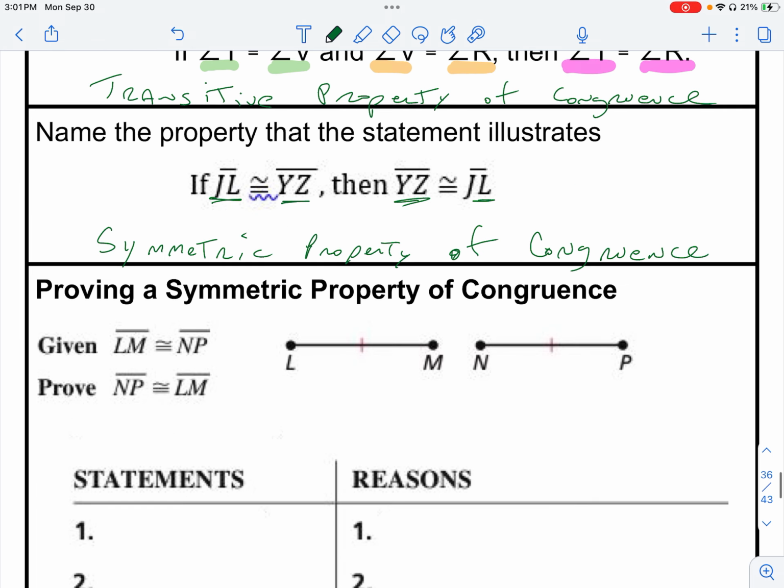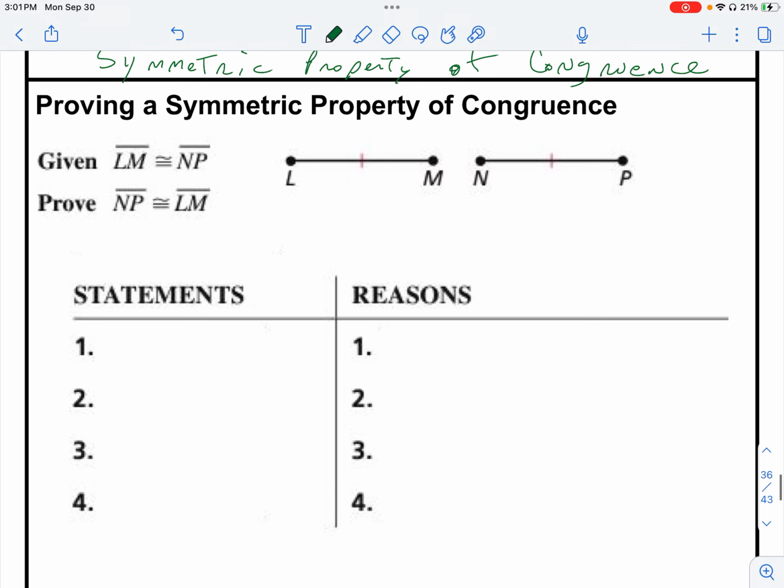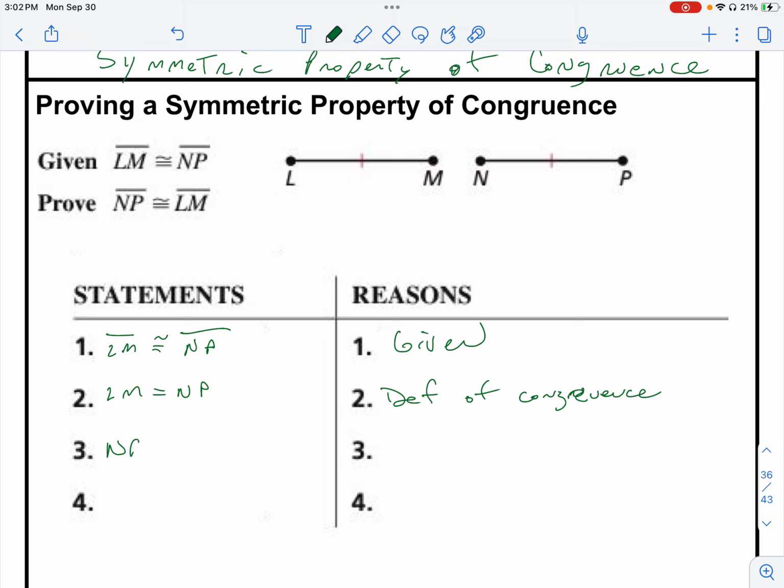Now let's just go ahead and prove the symmetric property of congruence. So LM is congruent with NP. That's given. If they're congruent, that means their lengths are the same. So there's our definition of congruence.